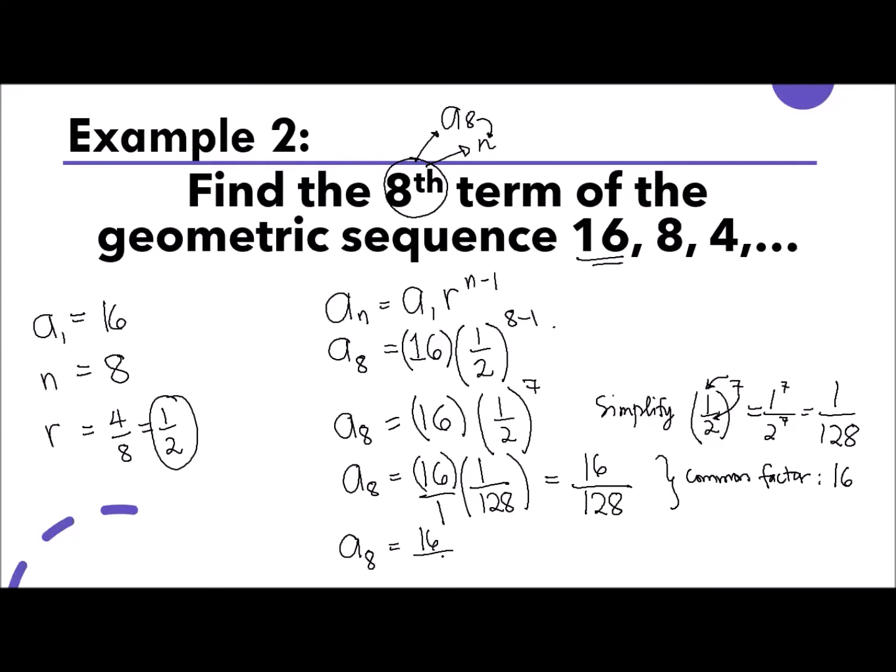So let's write again 16 over 128. Divide the numerator and the denominator by 16. 16 divided by 16 is 1, and 128 divided by 16, so that is 8. Okay? So our final answer is the eighth term of this geometric sequence is 1 over 8.